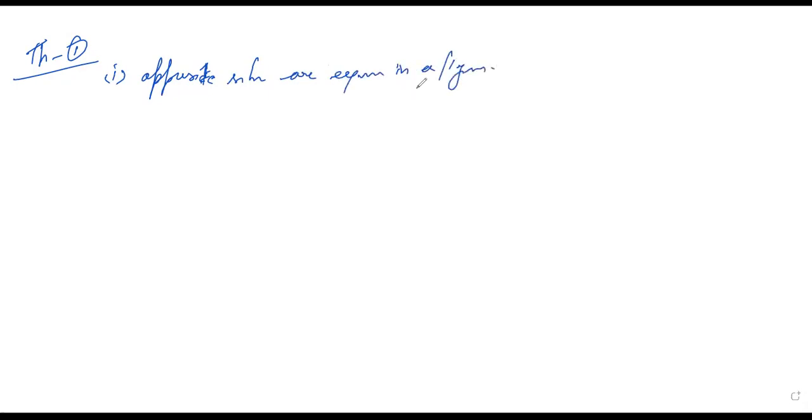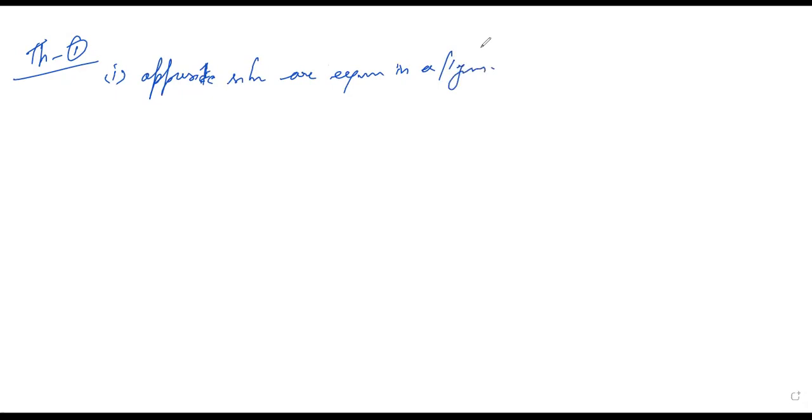So let's see theorem number one. In theorem number one, we are going to see that the opposite sides are equal in a parallelogram. So how can we show this?